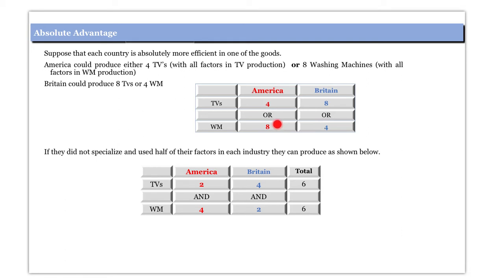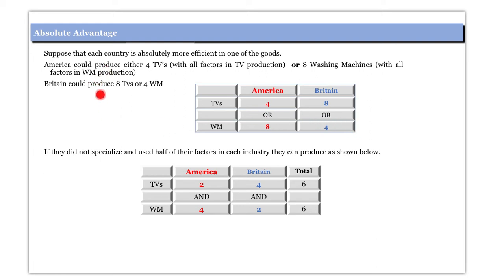Now, you'll note the idea of "or" here, because this is showing you a typical PPF, which we'll see on the next slide. Let's take Britain's case here: when they're putting all of their factors into televisions, they're producing 8 of them, or they could produce washing machines and produce 4 of them. They can't do both of those because this is all of the factors here or all of the factors in washing machines.